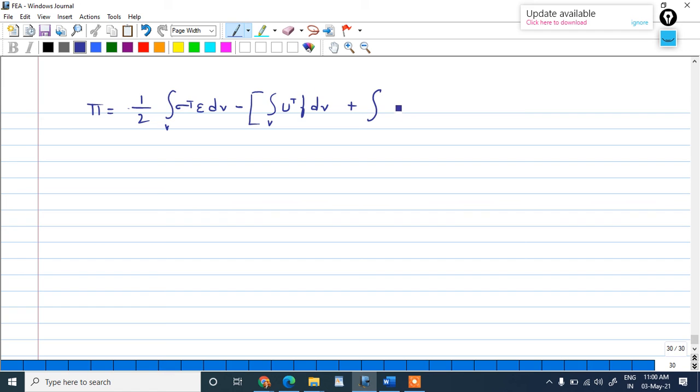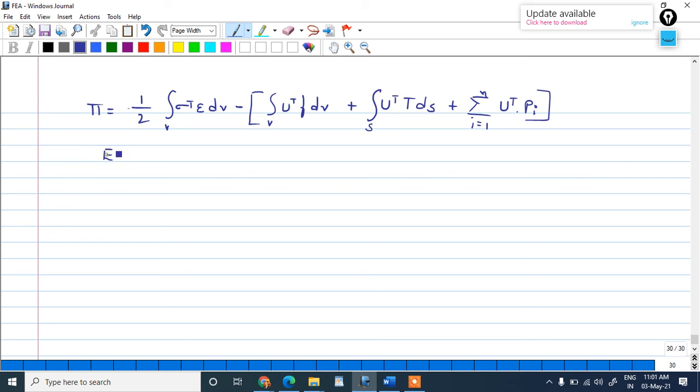When I consider traction, it will act on the surface, it is two-dimensional, that is S, followed with u transpose T into dS. Finally, point load, i is equal to 1 to n, u transpose into p i. So this is the equation. This is an expression for the potential energy functional for a three-dimensional body.